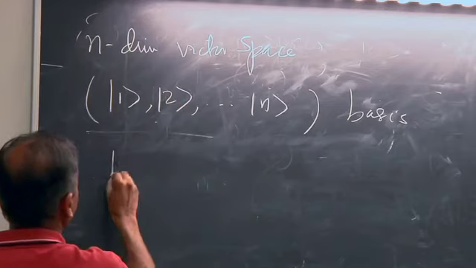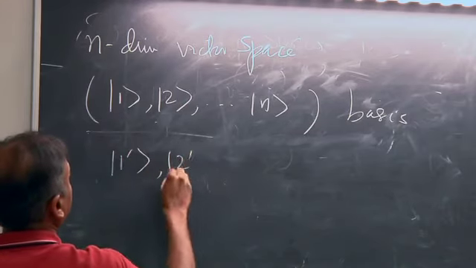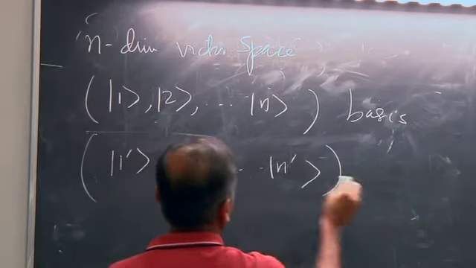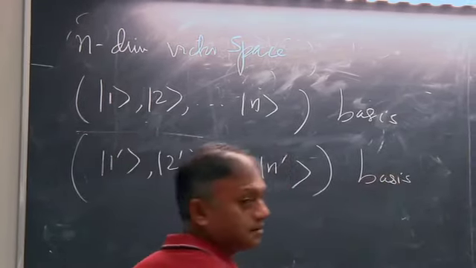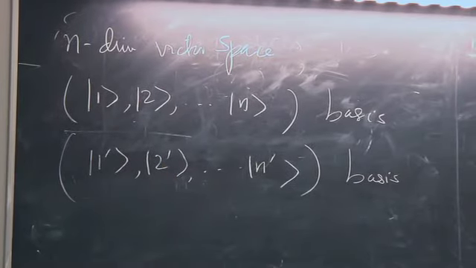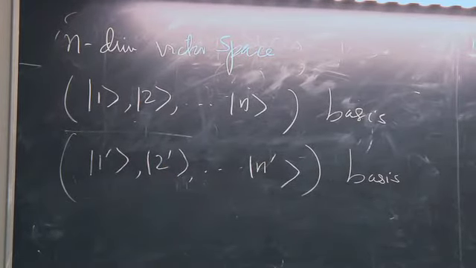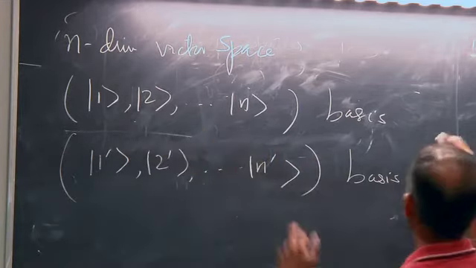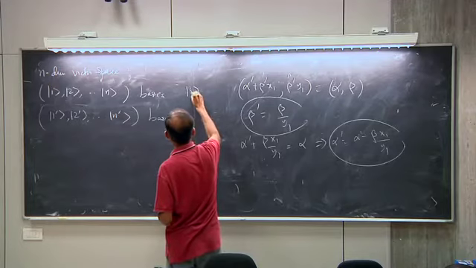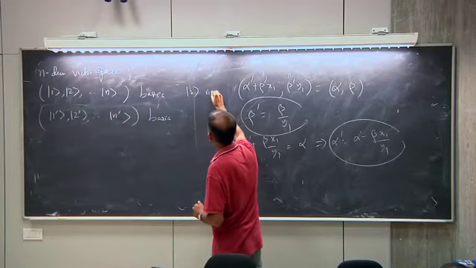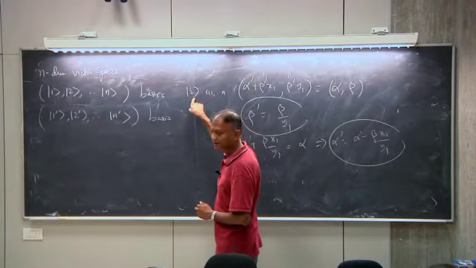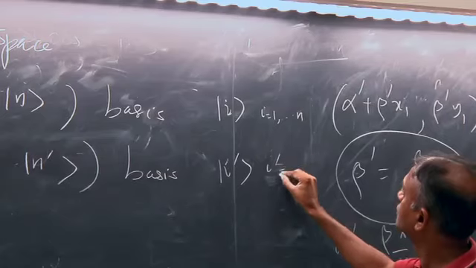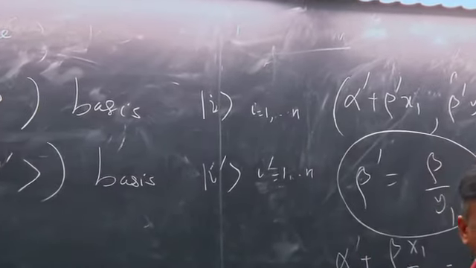Another basis, let's call it 1 prime, 2 prime, up to n prime. Instead of writing n of these, I will just put here i, where i goes from 1 up to n, that forms a basis. And here again I will put i prime, where i prime goes from 1 to n. So these are the basis vectors.